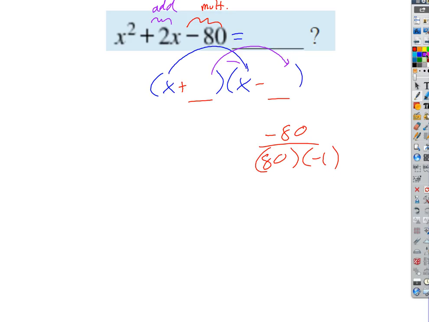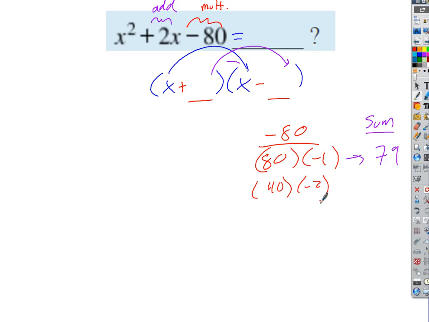Notice the trend here. We've talked about this a little bit, but let me point this out again. If I pick factors that are really extreme, one's really big and one's really small, they're gonna add up to be really big numbers if we make a column for the sum, right? We don't want that. We want it to add up to 2. So I could go way down this list. If I continue, 40 and negative 2 is way too big, right?